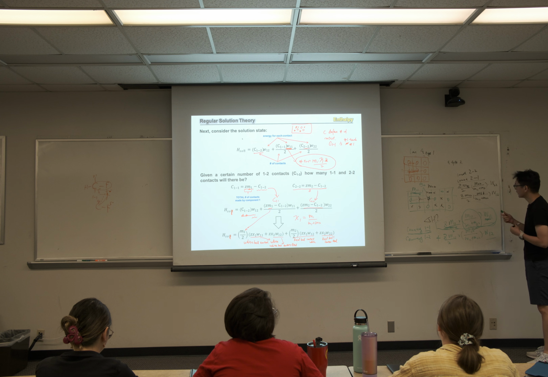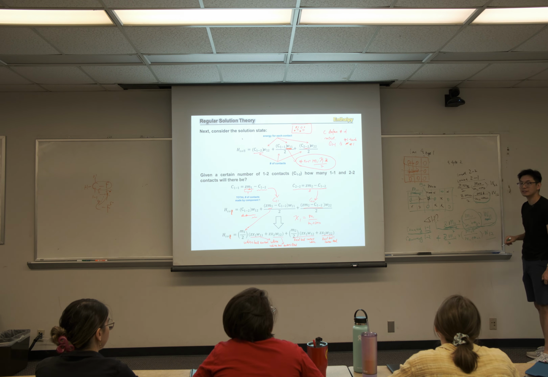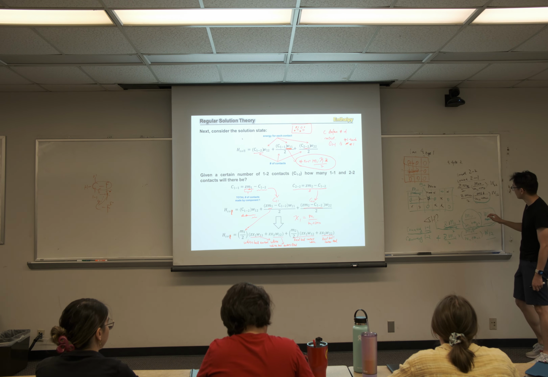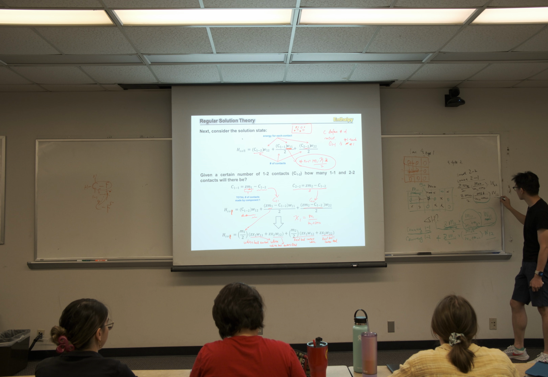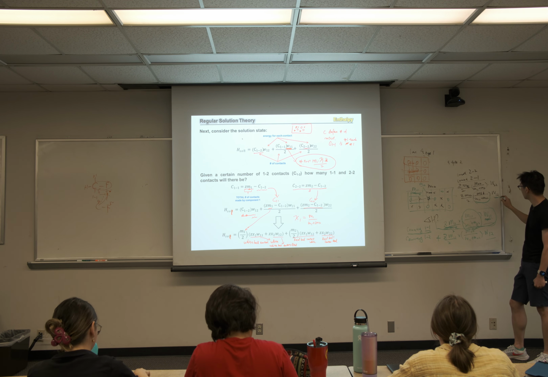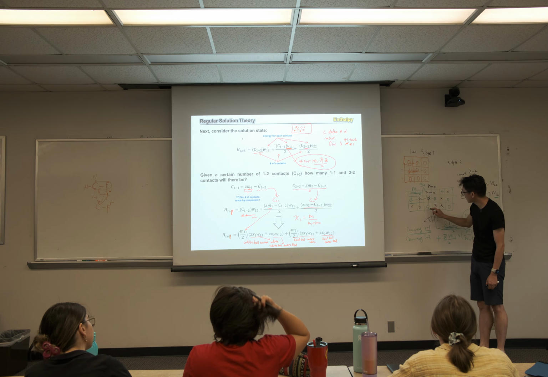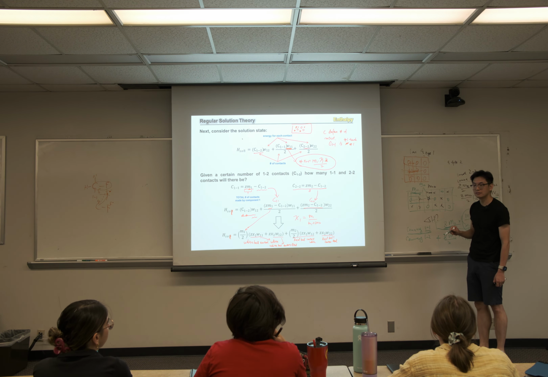No, let me explain. Amy asked why this is M11, right? Remember, the second half is counting the interaction between molecule 1 and molecule 2. So it's counting a cross versus a circle.